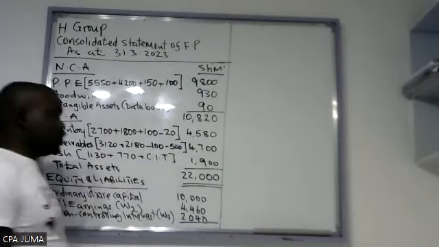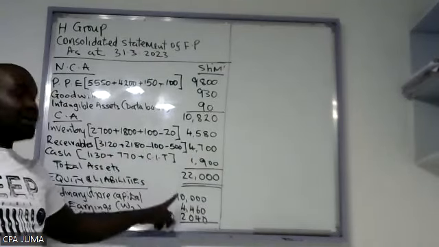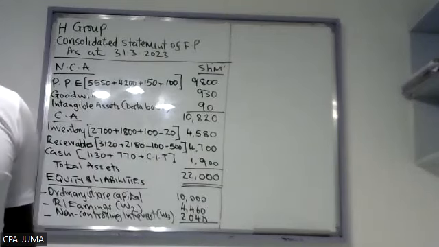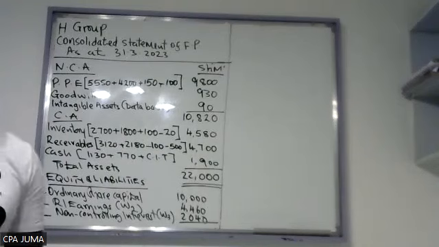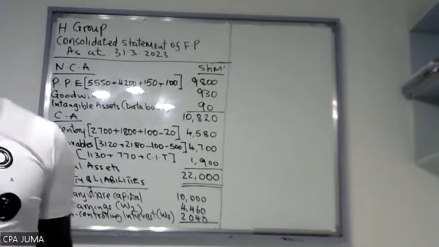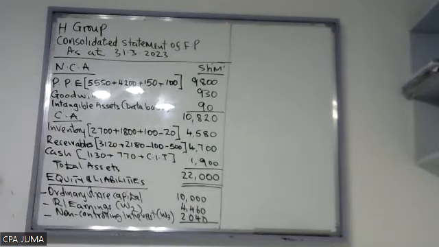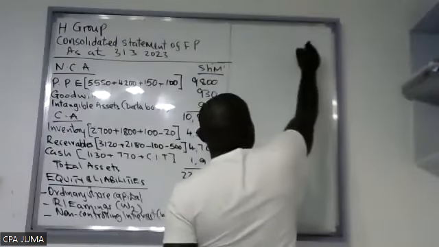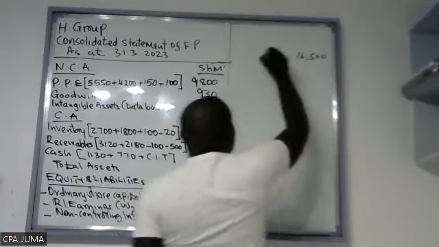Can you add for me the total equity? There are only this plus that. How much will that be? 16,500. Thank you. So that is 16,500.